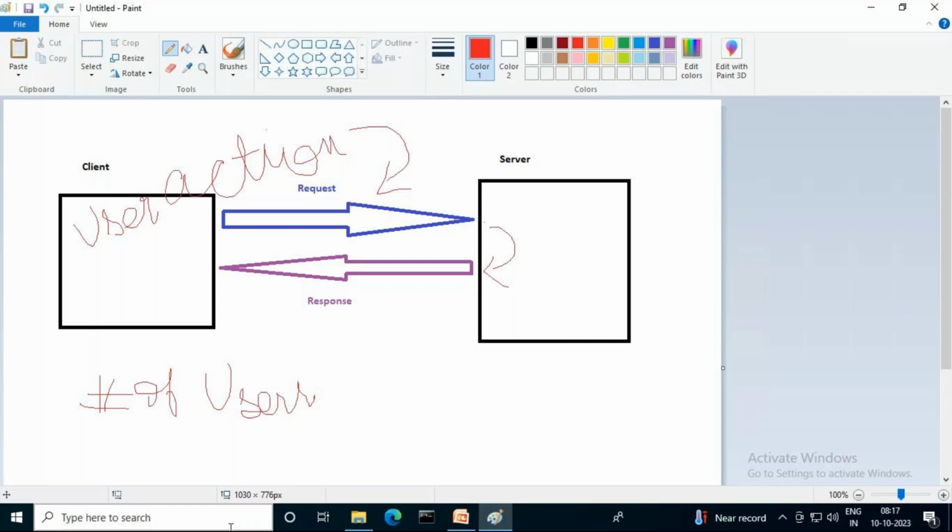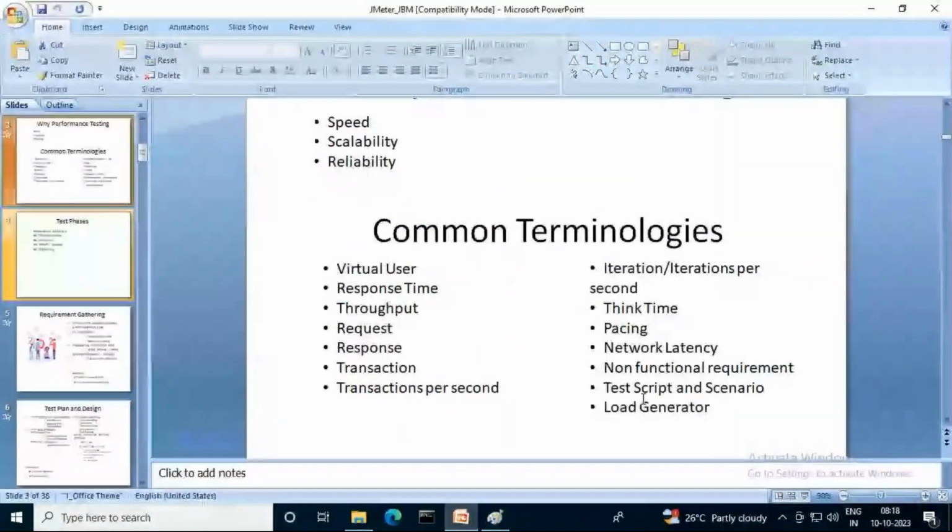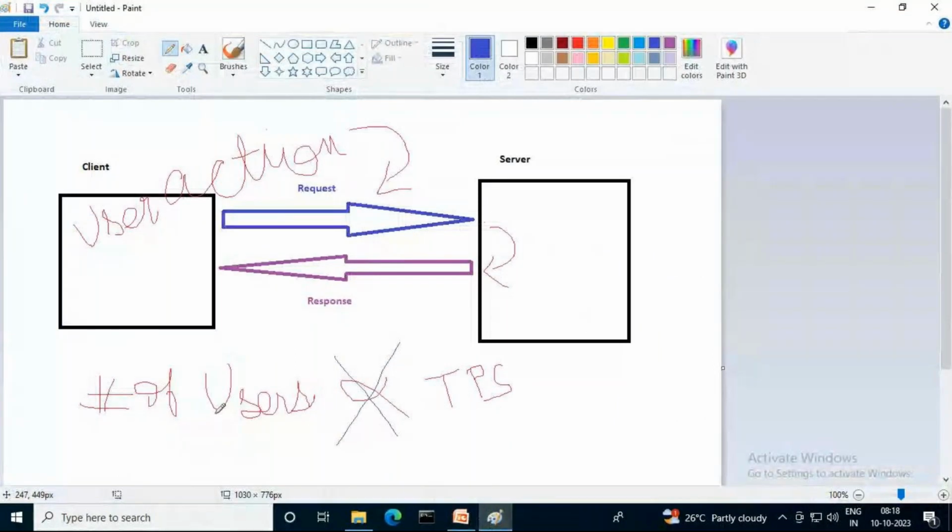Clear, all of you? Now who can tell me, if this condition fails, means you are seeing that TPS is decreasing with increasing number of users. I told you ideally TPS should be directly proportional to the number of users, or we can also say that TPS is directly proportional to the number of hits per second.